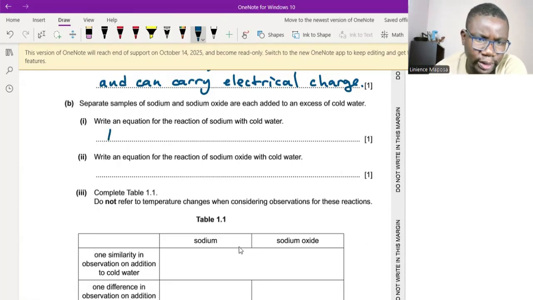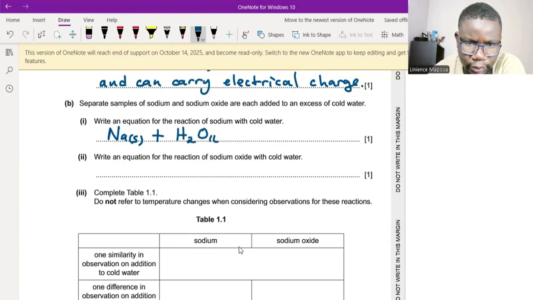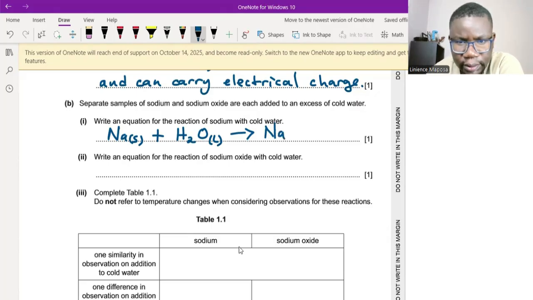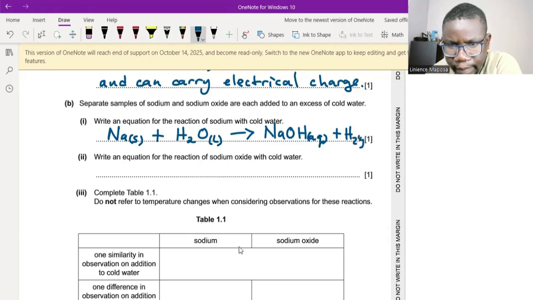So we're going to say sodium metal plus liquid water, which is cold water of course. This will result in the formation of sodium hydroxide. If you put litmus paper in the solution, you will see that it is alkaline. So this one will be aqueous, and then you can say plus hydrogen gas. Okay, so that's the reaction.